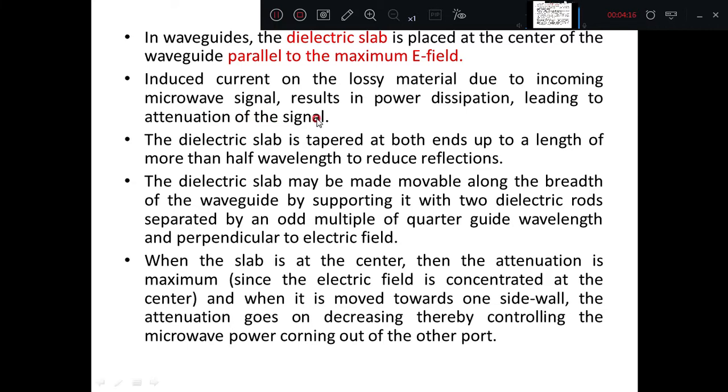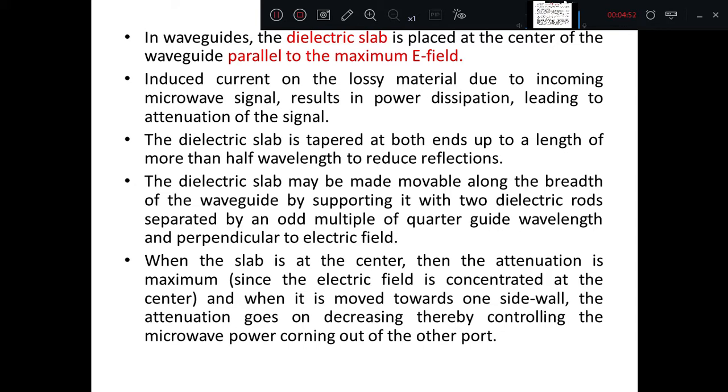which leads to attenuation of the signal. The dielectric slab is tapered at both ends up to a length of more than half a wavelength to reduce reflection, so half the wavelength of the transmitted signal. The dielectric slab may be made movable along the breadth, or the horizontal length, of the waveguide by supporting it with two dielectric rods separated by an odd multiple of a quarter guide wavelength, which is perpendicular to the electric field.